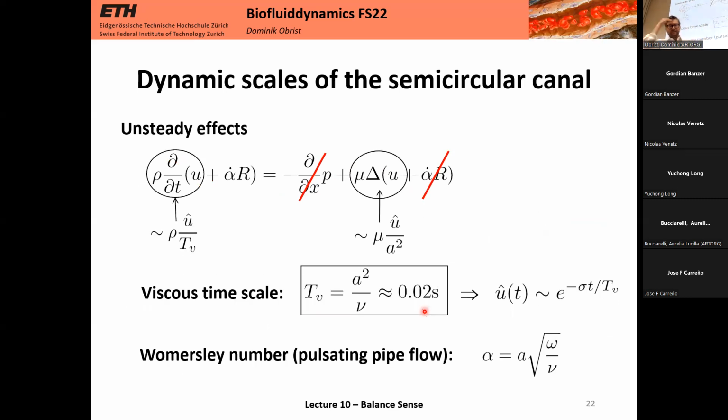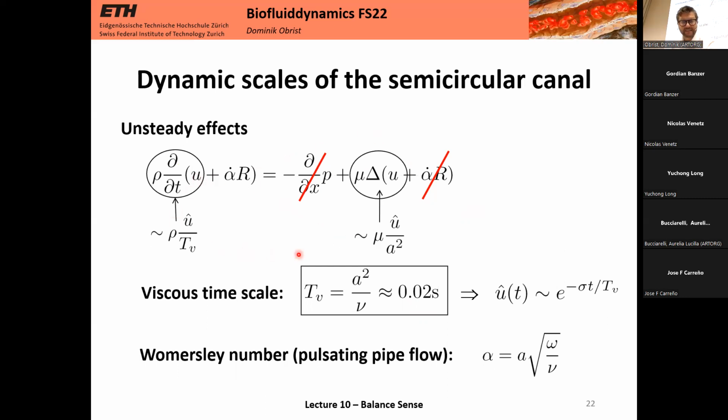Now, if we use the same equation, but now we ask for the unsteadiness, how fast can the system adapt? So we take this term here, the unsteadiness: how fast can this velocity build up if we start accelerating?